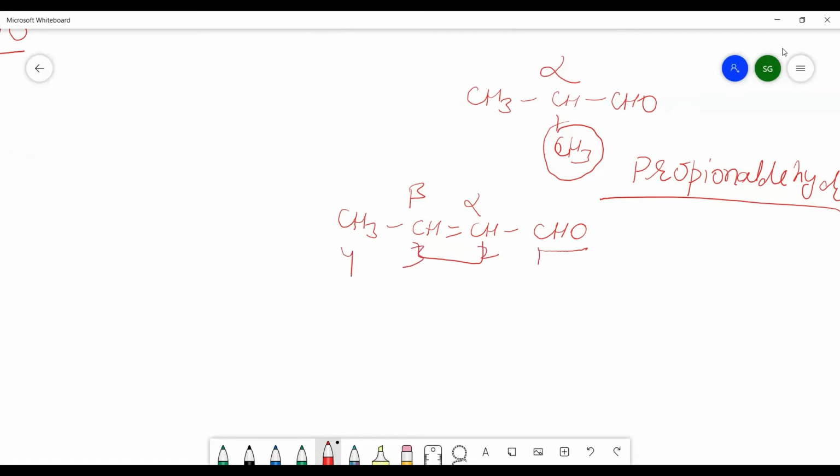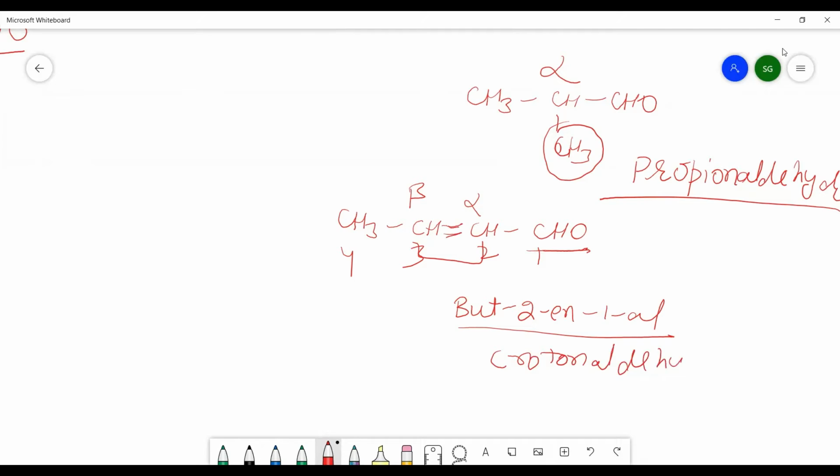That will be but-2-en-1-al. You have to mention the position of the double bond. It is at position 2, so but-2-enal, meaning at the second position a double bond is present and the first position is carried by the CHO group. The common name for this compound is crotonaldehyde.